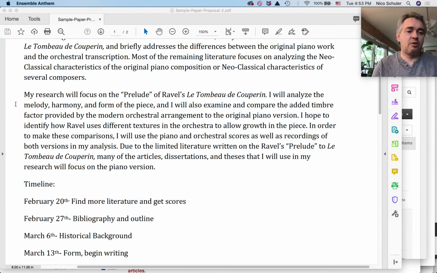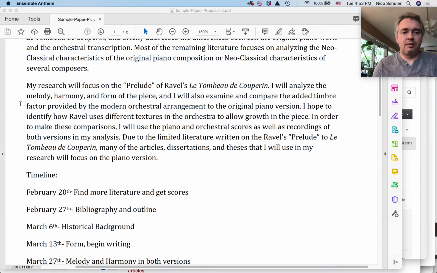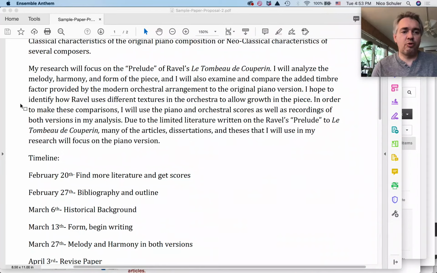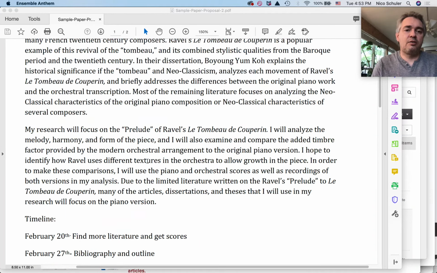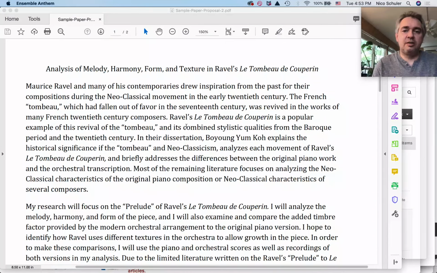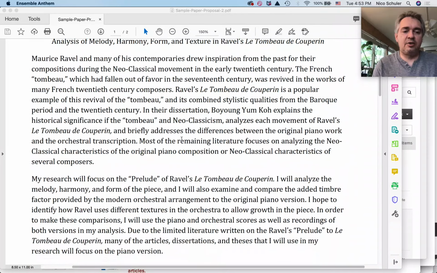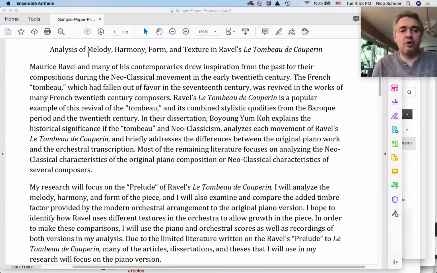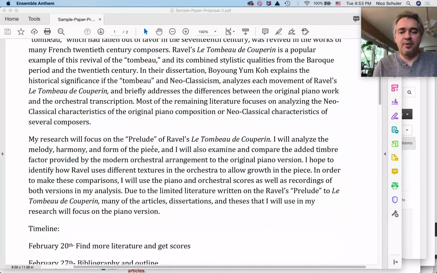This particular example, which one of my students wrote in the past, and it's a very good proposal, says: My research will focus on the prelude of Ravel's Le Tombeau de Couperin. And in fact, if the focus is on the prelude, then probably that can go also directly into the title.